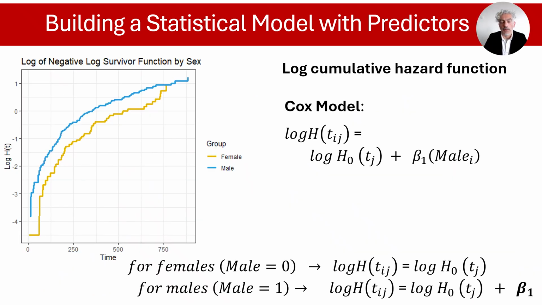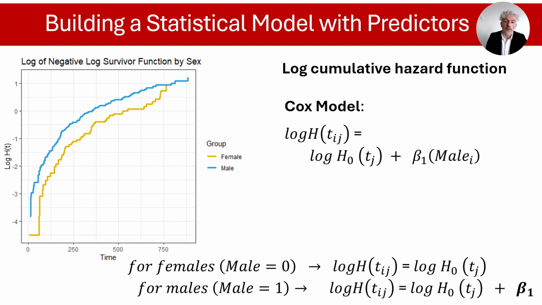So now we need to develop a model that can represent a relationship between the log cumulative hazard function, or the log-log, and the predictors of interest. Here represented is a log-log estimated for males and females. So how can we model this relationship between sex of the participants and the log-log estimates?